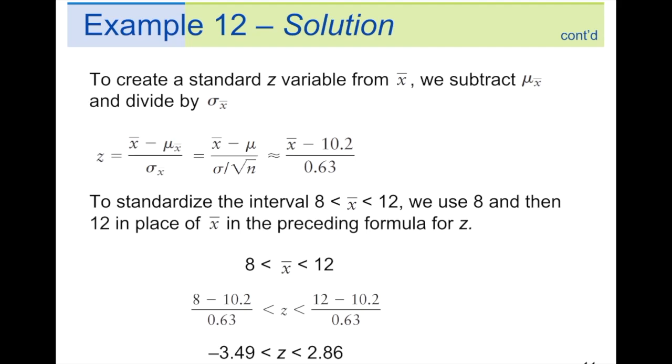So that gives us x bar minus mu over sigma divided by the square root of n. So x bar minus 10.2 divided by 0.63. To standardize the interval, our x bar is between 8 and 12. We use 8 and then 12 in place of x bar in the preceding formula for z, and we get that z is between negative 3.49 and 2.86.